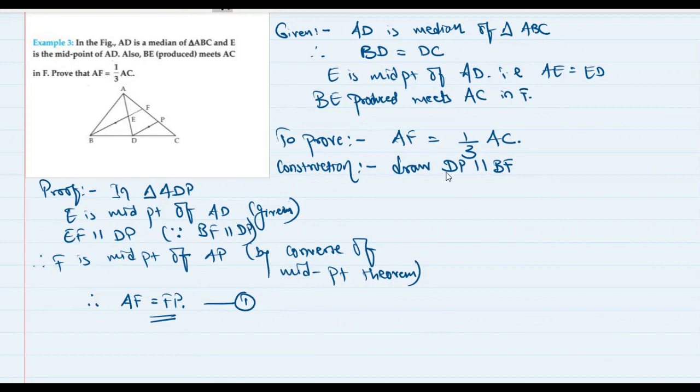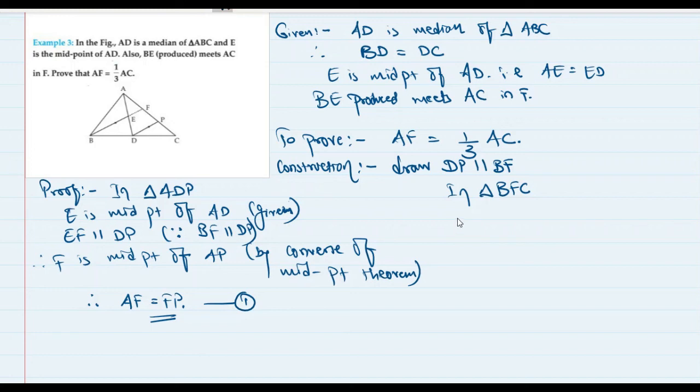Okay, great. Now, consider triangle BFC. Can you see triangle BFC? In triangle BFC, you have to actually rotate the triangle and visualize it in the way I'm trying to show you. Imagine that C is your vertex and BF is your base.